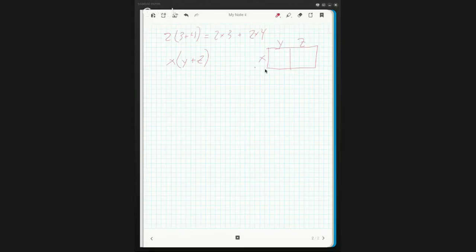So because the area, the whole of this thing, is going to be x times y plus z, the length times the width, it is going to equal part A, which is just xy, and part B, which is xz.